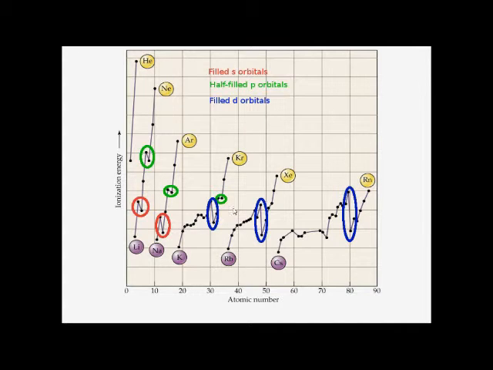Well, combining these two, the red circles and the blue circles. So after we fill S, we start the P. After we fill D, we start the P. So the trend that the P sublevel is a decrease in ionization energy follows for all the periods.